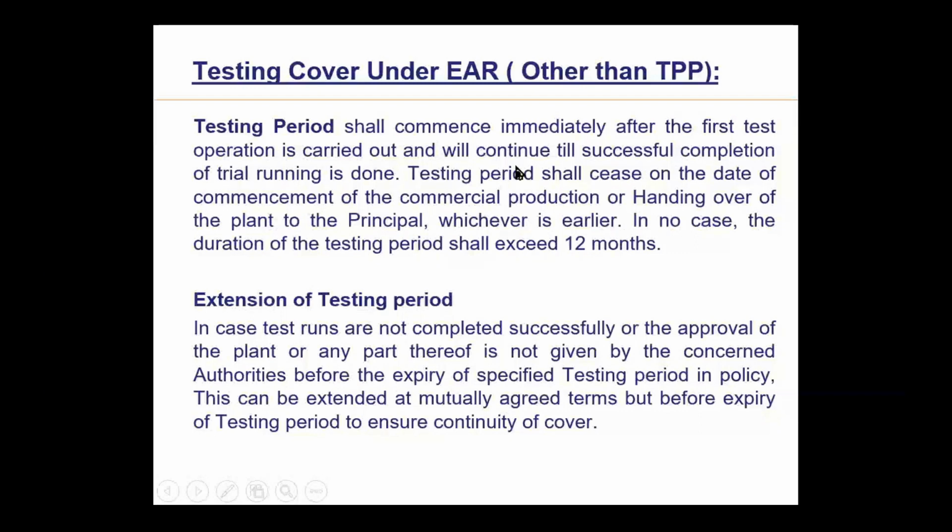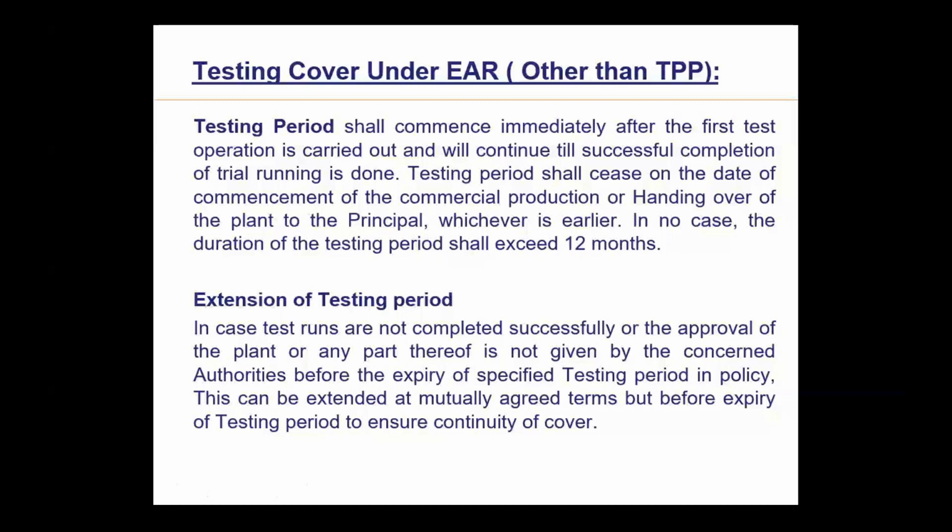Okay, the policy ends. Now in big projects, I have seen a number of complications due to this, because your policy ceases. In one case, a client in Gujarat, I will not name it, declared commercial operation. What was the problem? Because of political pressure, they declared commercial production even though the plant did not achieve the rated capacity.